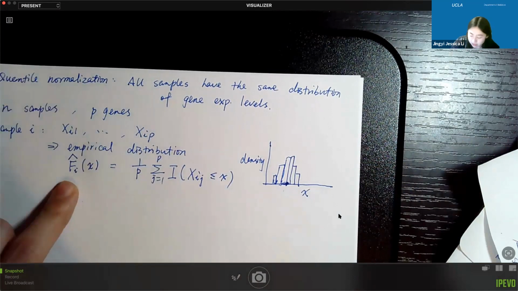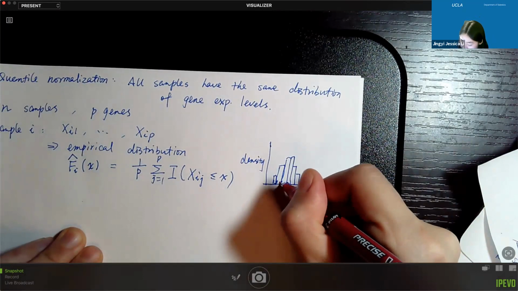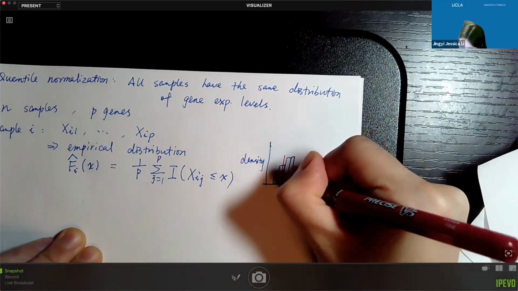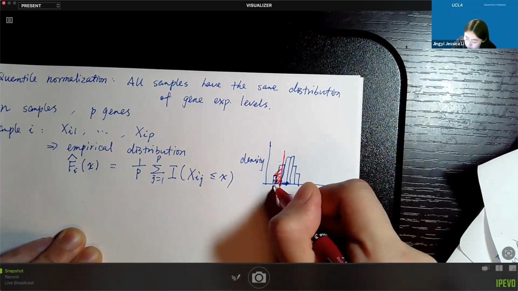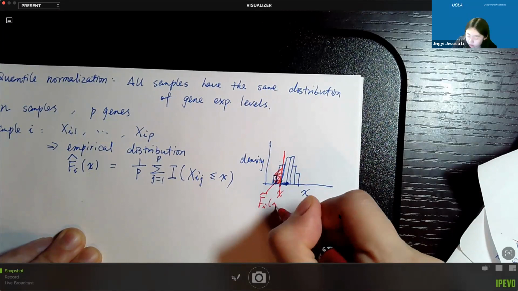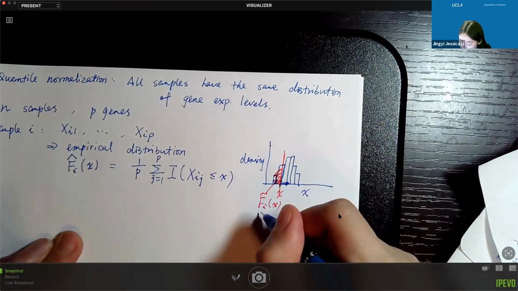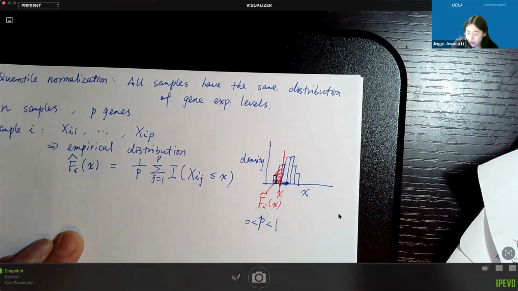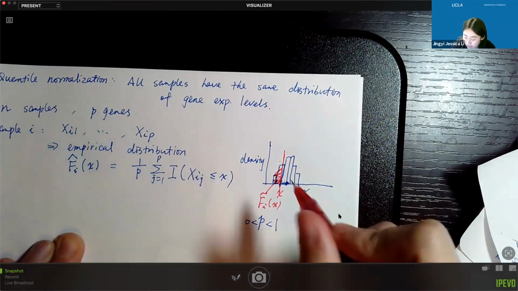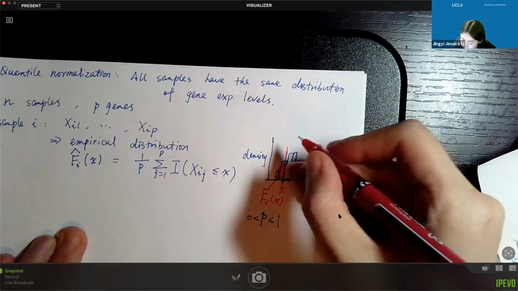So given this density, I could define, let's say this. If this is x, then what I have on the left of it is what we call F hat x, the probability. And inversely, if I give you a probability p, any value between 0 and 1, I can find its quantile by looking for where p corresponds to, maybe somewhere here.